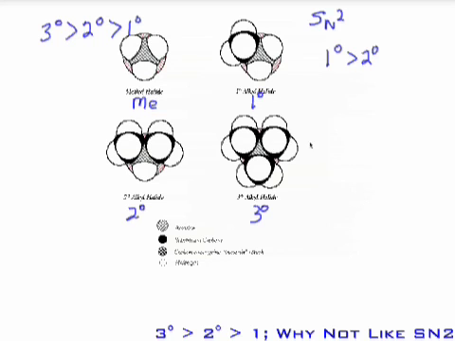What's interesting, though, is in the E2 case, we're not attacking the gray carbon, are we? We're not attacking there. We're actually going for a hydrogen that sticks up and away. We might be going for that hydrogen, a hydrogen that sticks off a neighboring carbon.